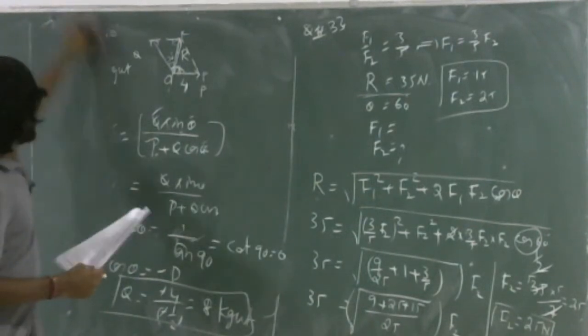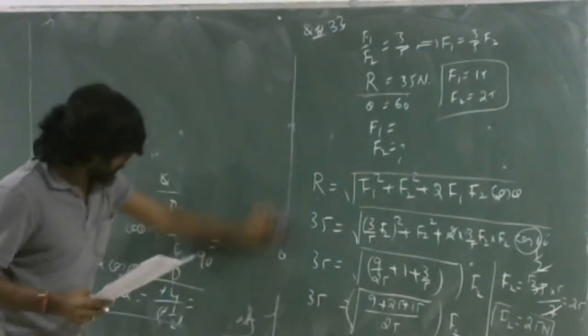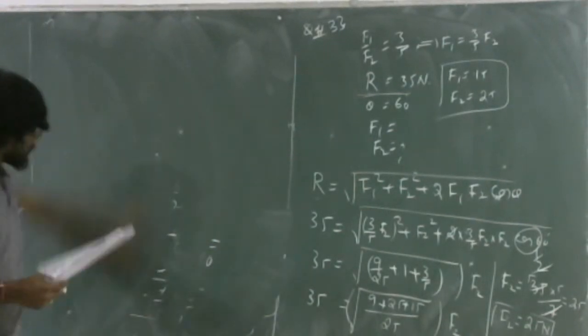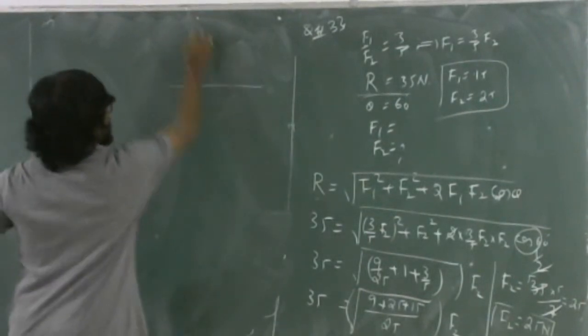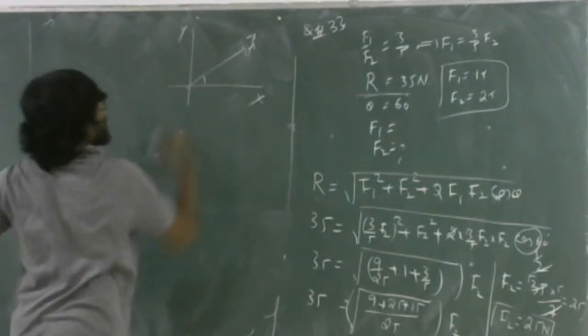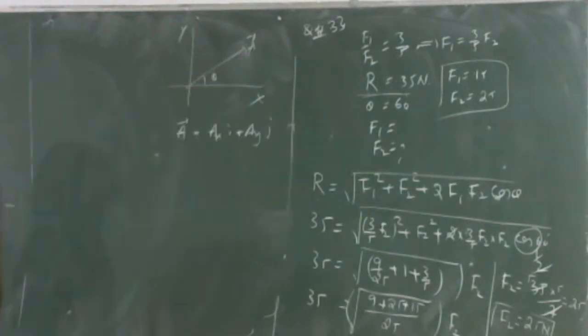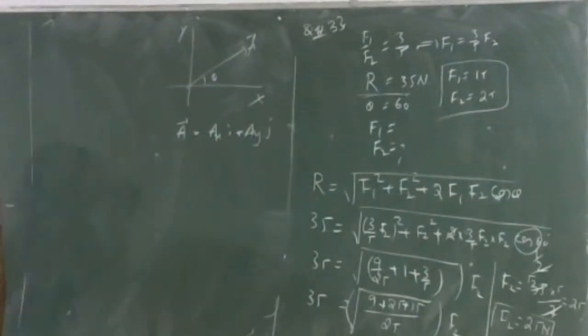If you resolve a vector in 2 dimensions, with the x-axis, the y-axis, and a vector at angle theta, then the components will be A cos theta i plus A sin theta j. Whereas in 3 dimensions, do you remember the resolution of the vector?